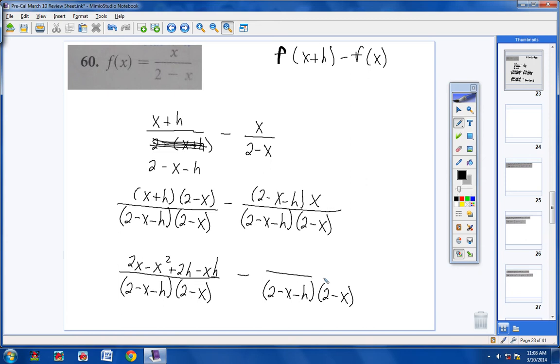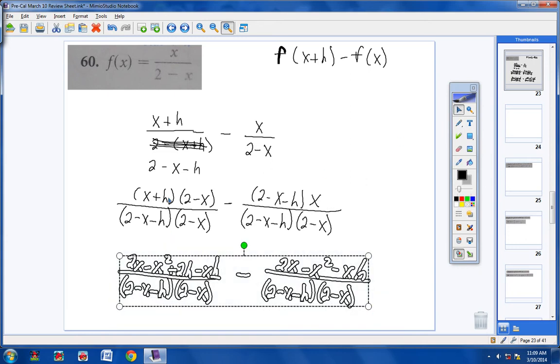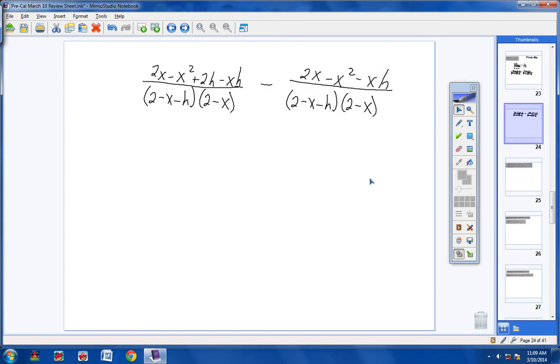And then in this fraction over here, we should have 2x minus x squared minus xh, okay? Now we're going to have to go ahead and add another page like I told you we're going to have to. Now what I did right there is I simplified this numerator and I simplified this numerator into this down here. I hope I've not made a little mistake somewhere, if so that's going to be really frustrating later, but I think we're doing okay.